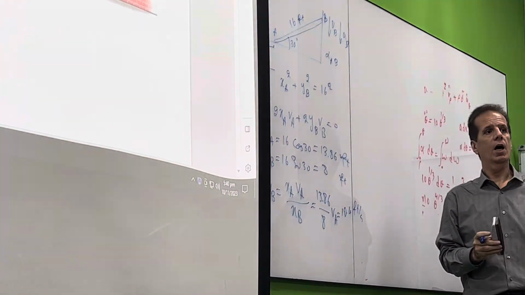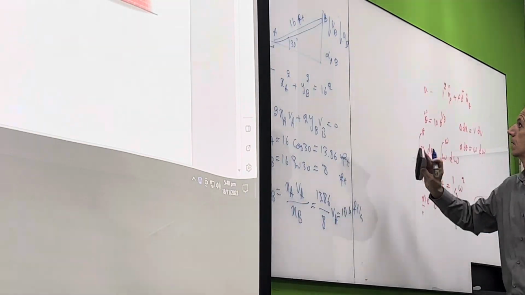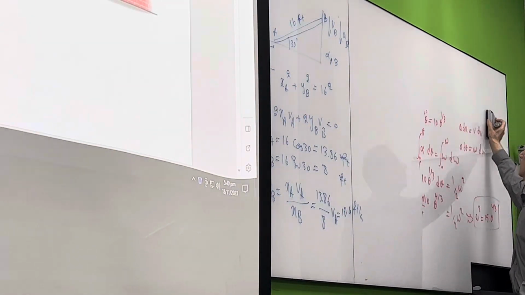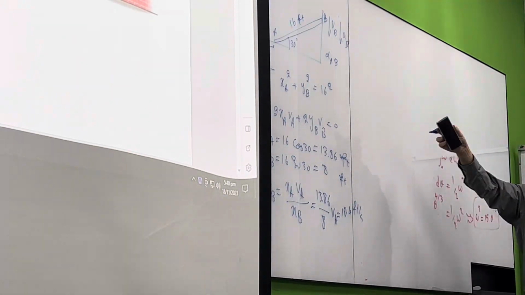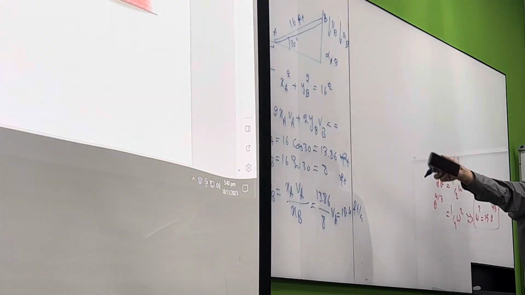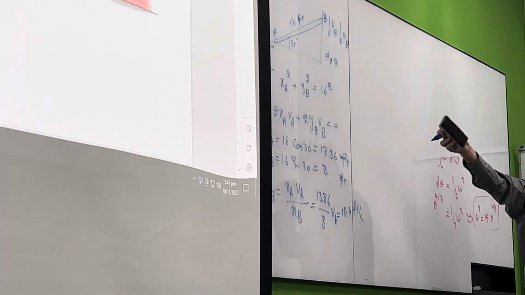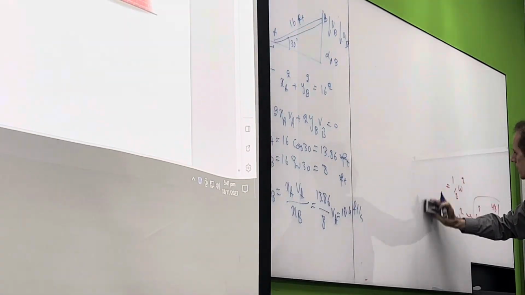Tell me how I can find acceleration of B. First, is that clear? If you want me to explain, ask me. If it is clear, then I continue.